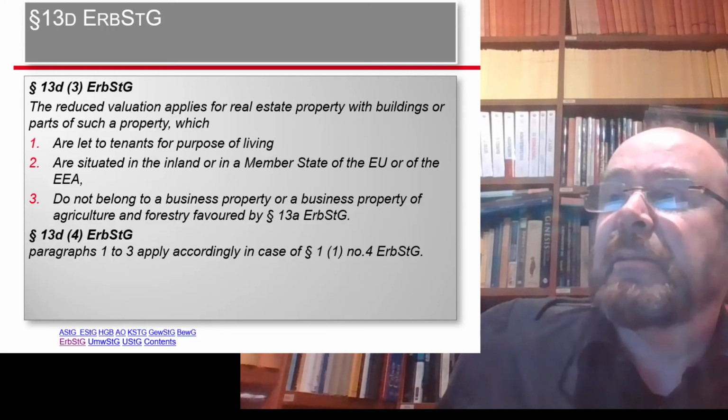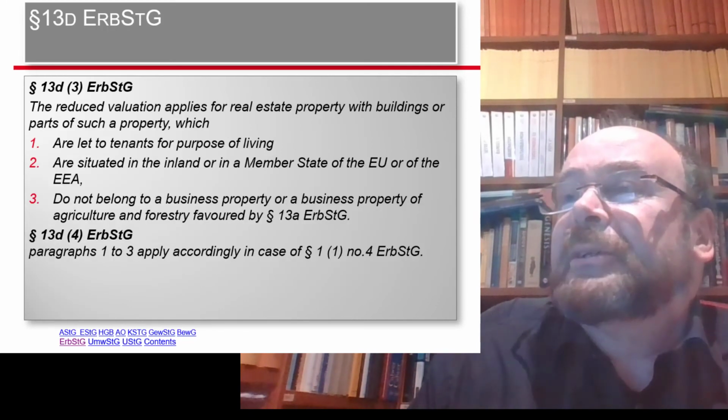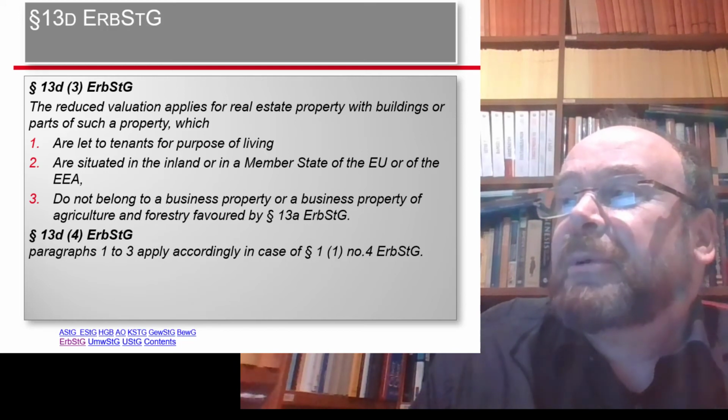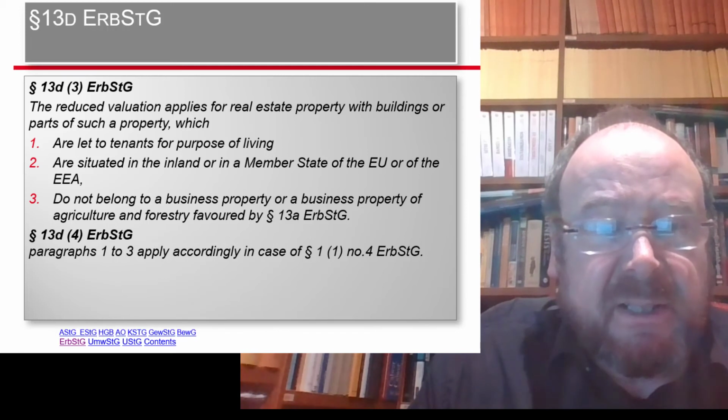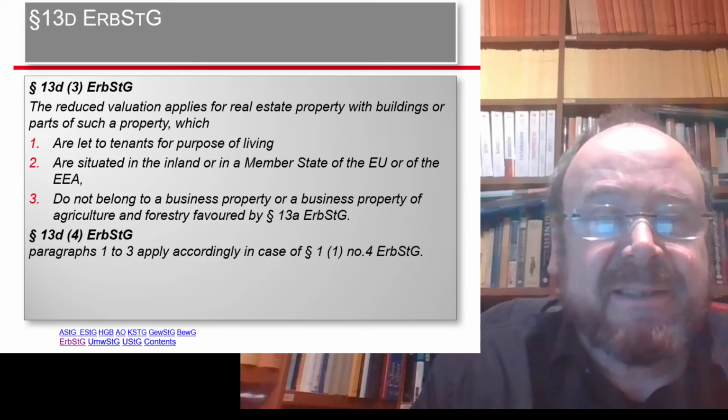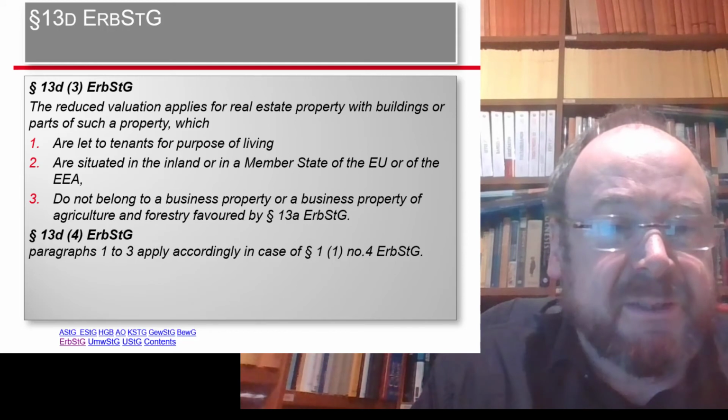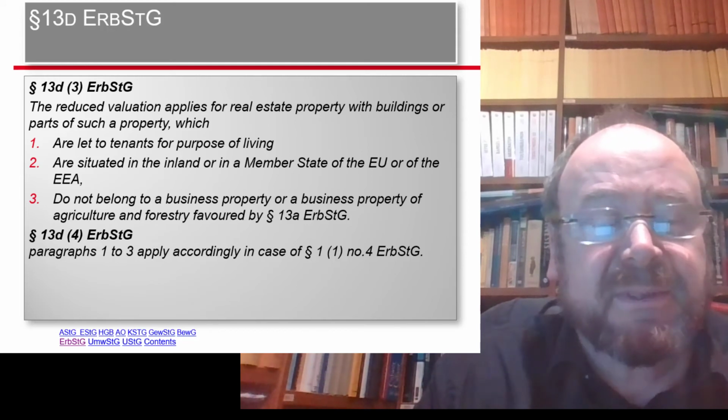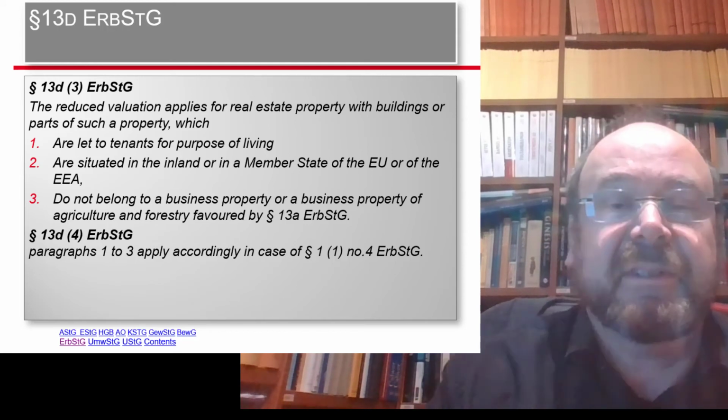The problem is the reduced valuation applies for real estate property with buildings and so on, which are let to tenants, but the conditions at the date when the tax arises are relevant, and when the tax arises, this property is not let to tenants, so we have no claim to the 90% valuation under 13d.